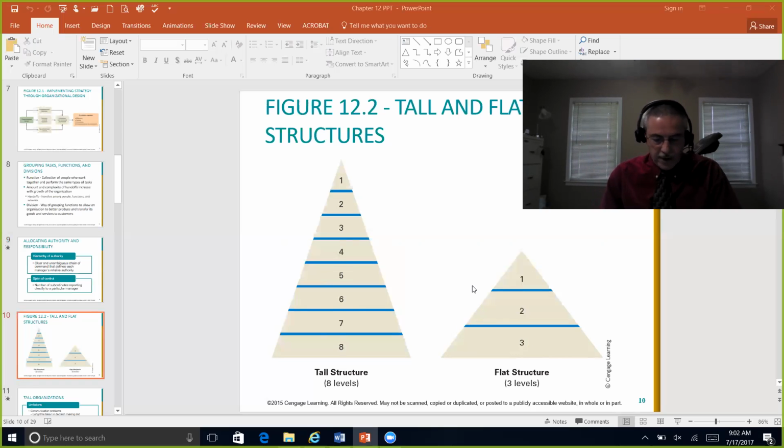And you don't have to look too far in your own organizations to see the difference between a flat and tall structure and which one typically works better, where the level of autonomy and responsibility relies on whether it's a centralized or decentralized decision making process.